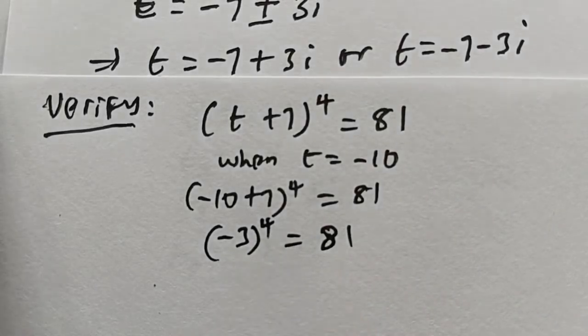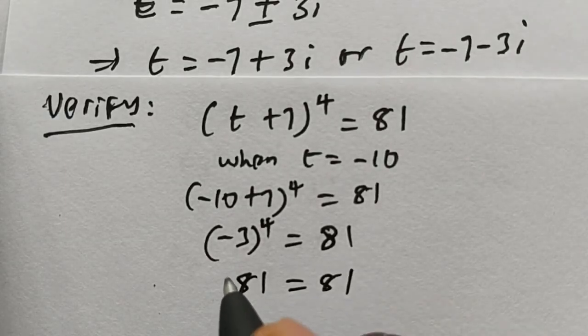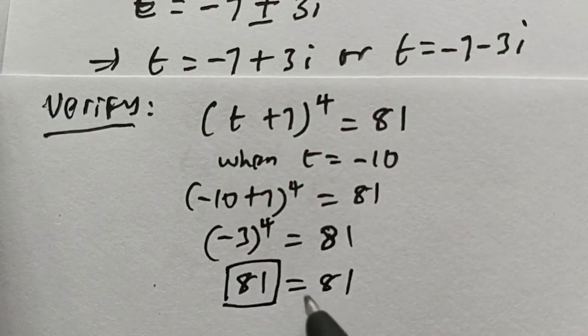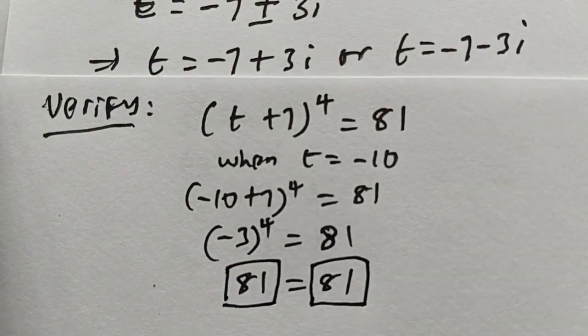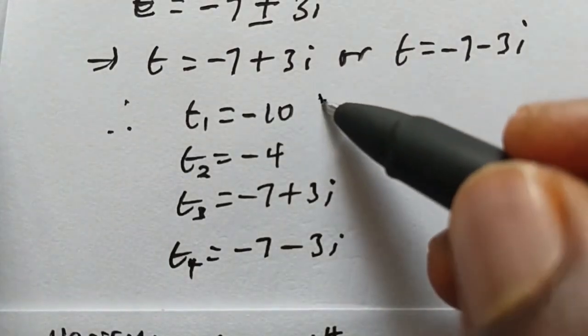Minus 3 to the power of 4, if you plug it in your calculator, that is simply 81 equal to 81. You will see that the left hand side is equal to the right hand side. That means indeed the first answer is correct.